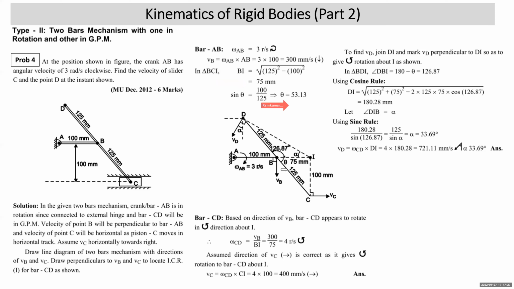All right. Now we consider the motion of bar CD. Keep your pen or pencil at I. Look at direction of VB. The bar CD appears to rotate in anti-clockwise direction. Is it understood?